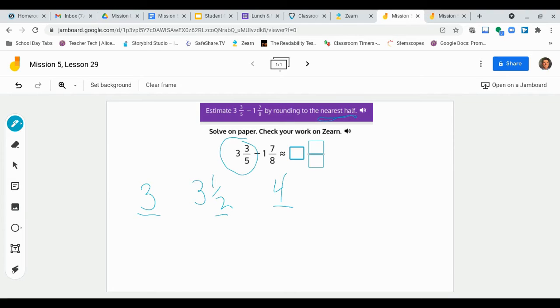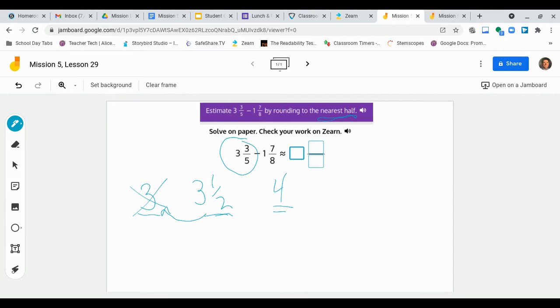Well, it's more than a half, because half of 5 is 2.5. It's 2.5/5, I guess, would be half of fifths. So my choices are either going to be 3.5 or 4, because since it's higher than a half, it's not going to round back down to 3. It's either going to round to 3.5 or to 4.